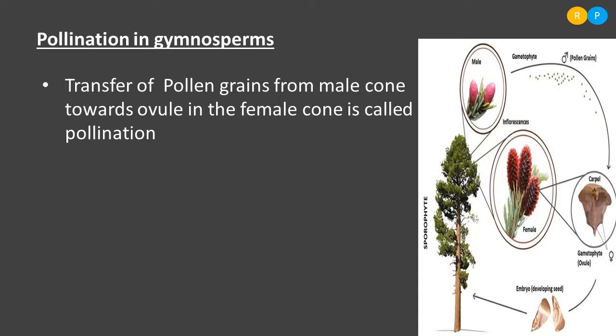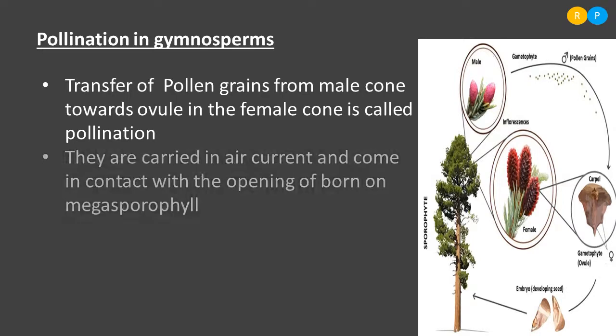In gymnosperms, the pollen grains are very small. They are microscopic structures, and they are very light in weight, so they can easily be carried by wind currents. Air easily carries the male gamete, the pollen grain, towards the megasporophyll of the female cone.